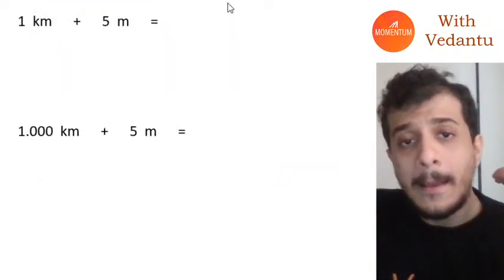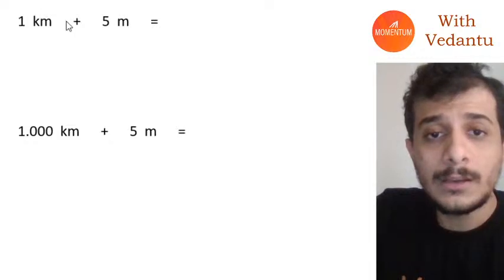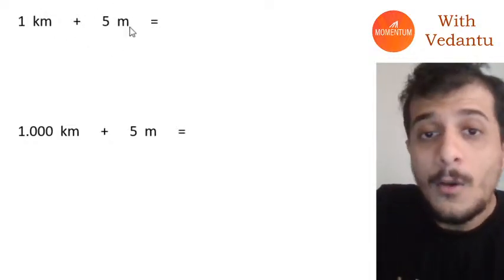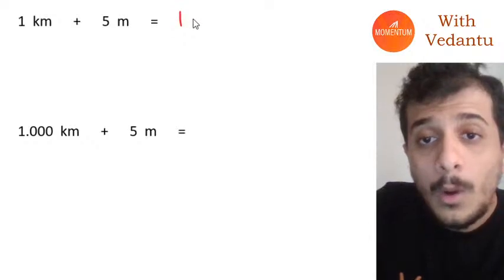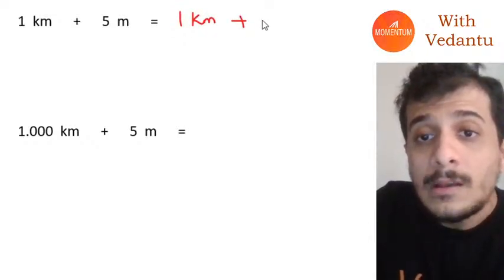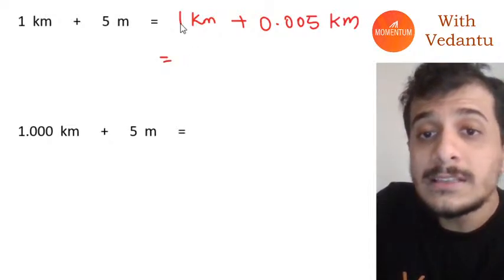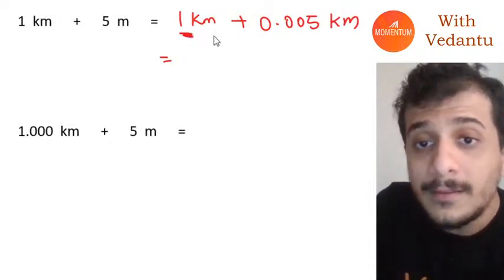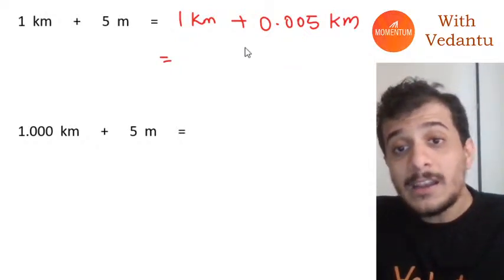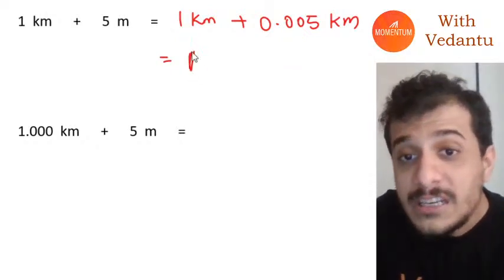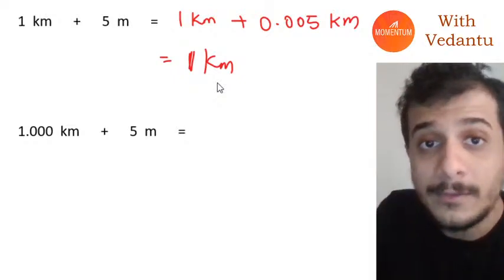Next, let's say you are adding two distances, 1 kilometer plus 5 meters. This is basically 1 kilometer plus 0.005 kilometers. This has 0 decimal places and this has 3 decimal places. So the final answer has to have 0 decimal places.